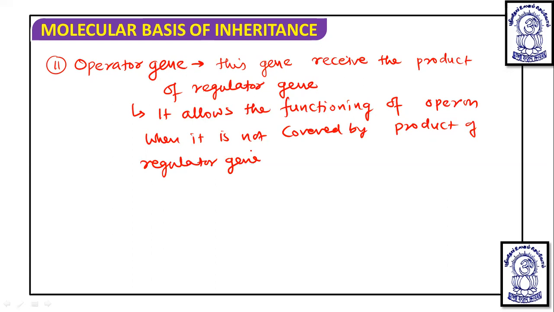Means if the product of the regulatory gene is a repressor, and the repressor binds with the operator, the operator gene will not allow the further transcription of the structural genes.